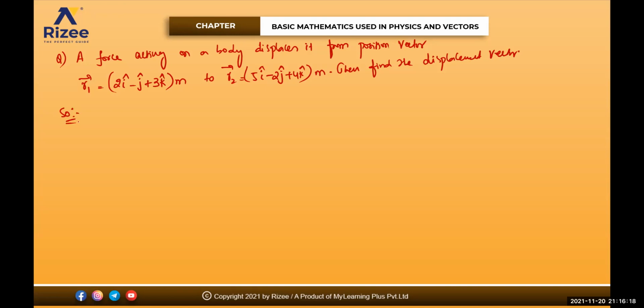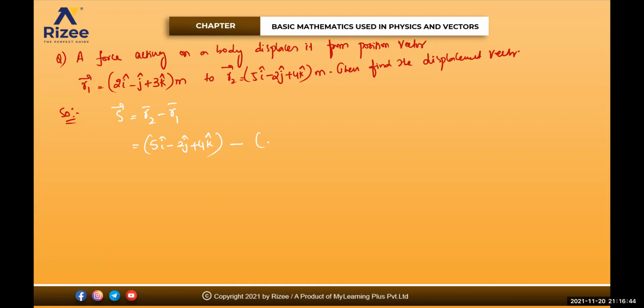Okay, a force acting on this particle. See, what is the first position? Displacement vector means what, beta? S is equal to R2 bar minus R1 bar. What is R2 bar? 5 i cap. Someone is giving the answer. R2 minus R1. Very good. 5 i cap minus 2 j cap plus 4 k cap.